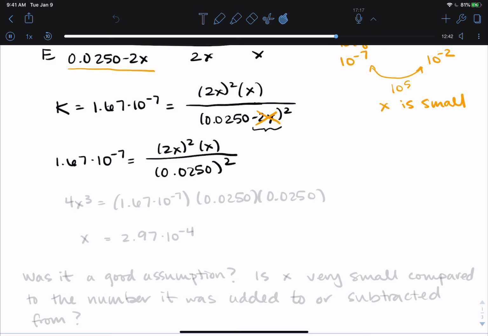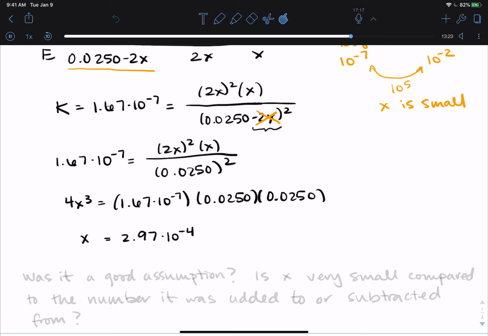So if we do this, we end up with 4x cubed is equal to 1.67 times 10 to the minus 7th times 0.0250 squared, and then we'll multiply out, divide by 4, take a cube root, and x comes out to be 2.97 times 10 to the minus 4th.